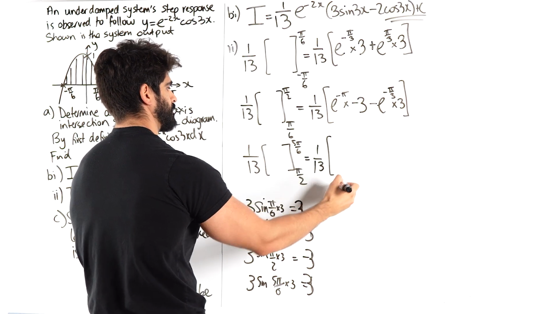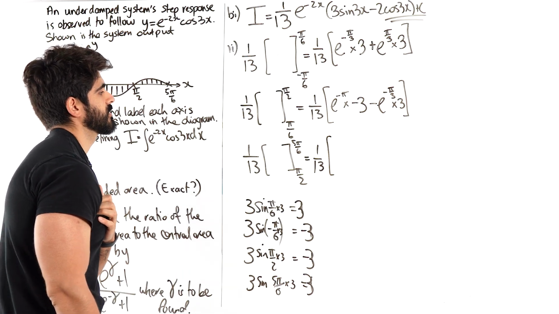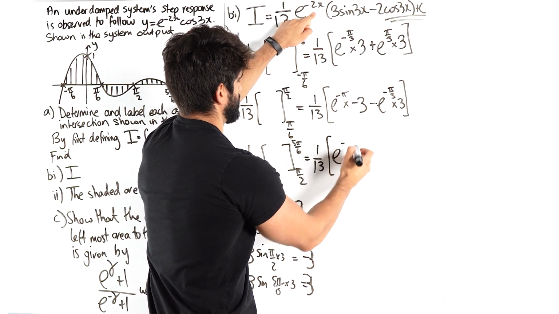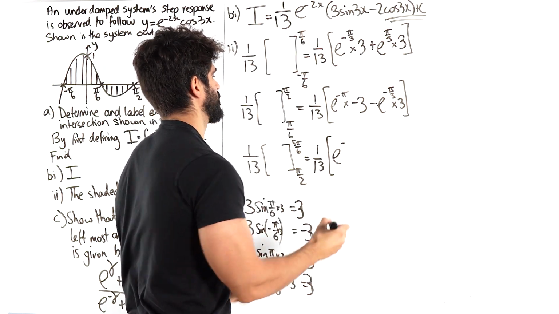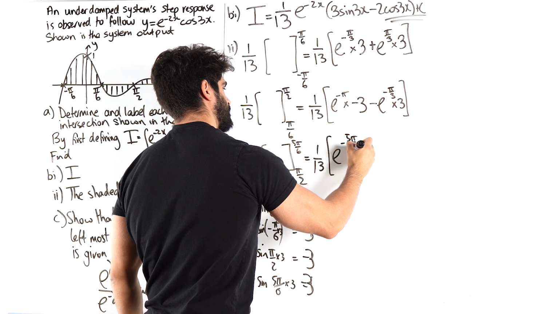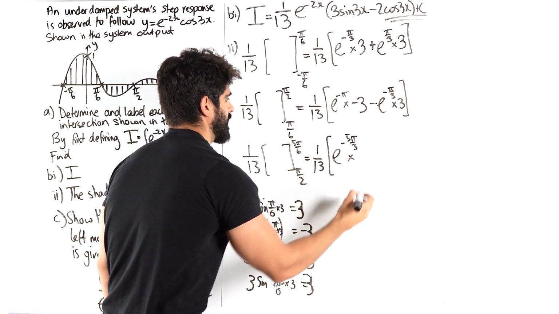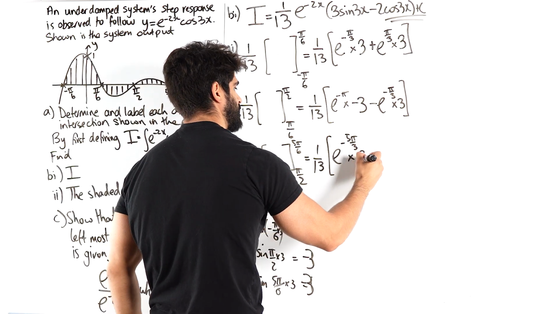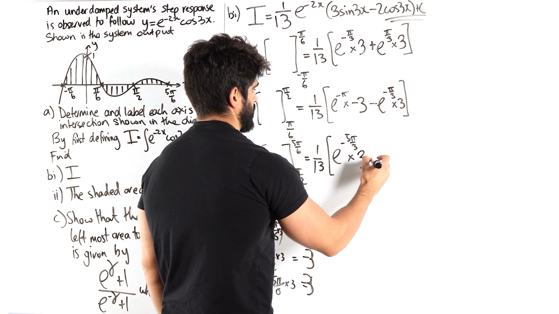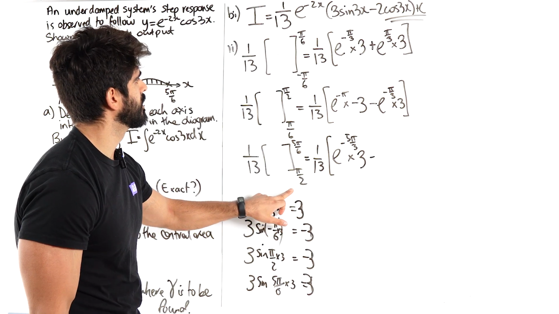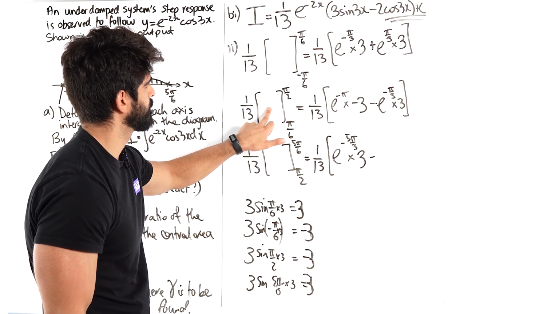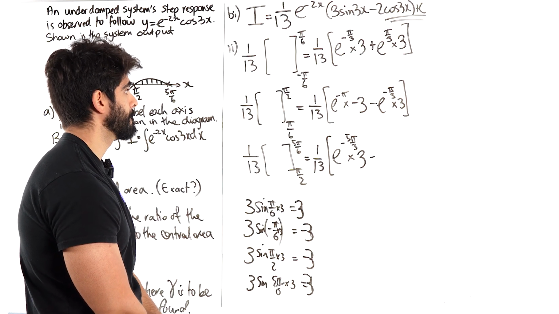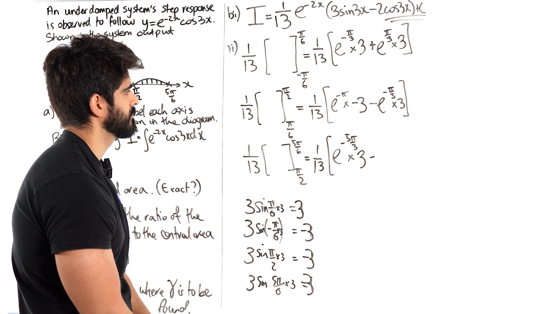Subbing in 5 pi over 6 with the 2 be e minus 5 pi over 3 times 5 pi over 6 gives me a positive 3 minus subbing in pi over 2 minus, right?